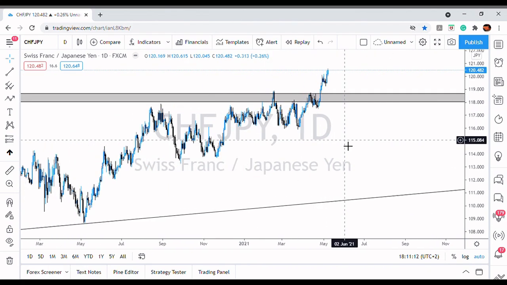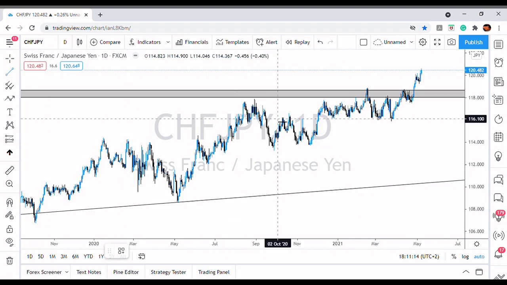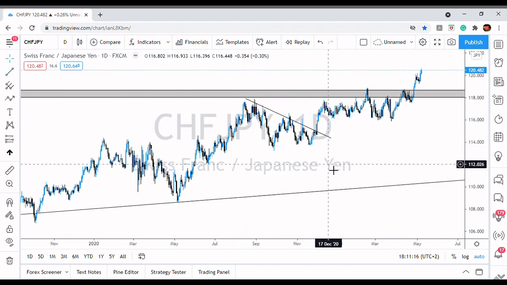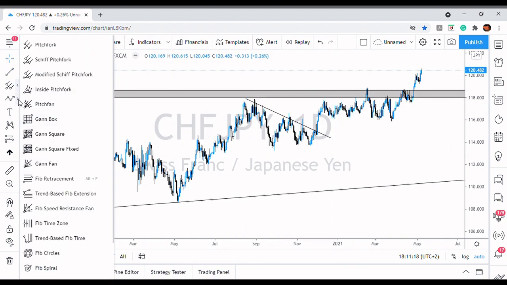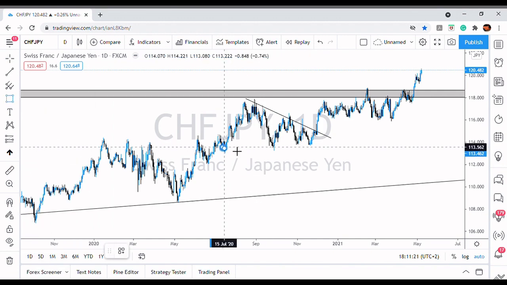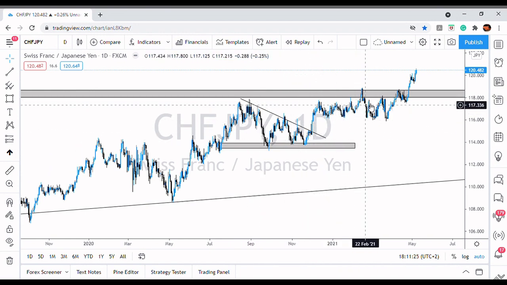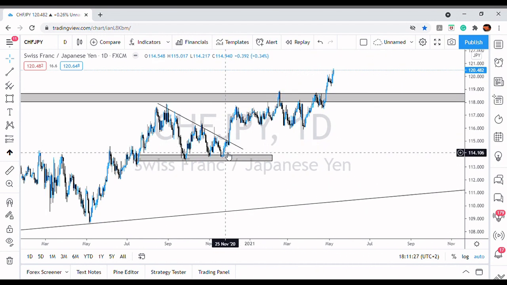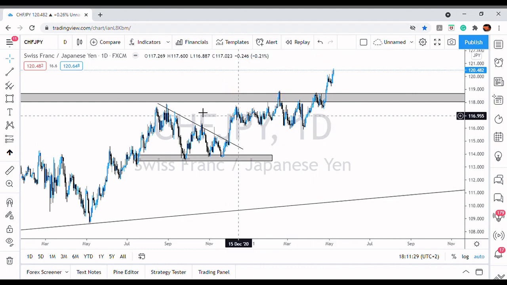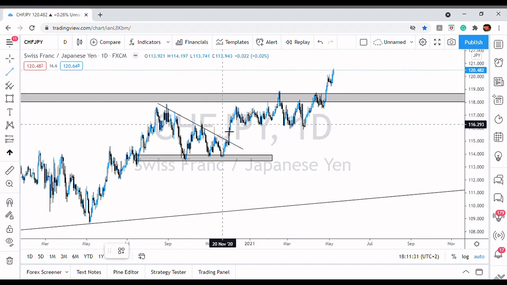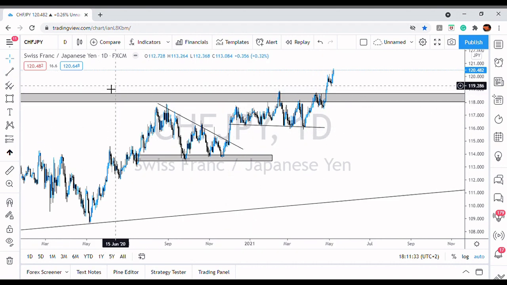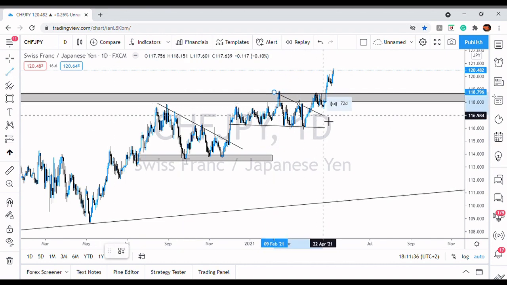We are still on daily, right? Let me draw what happened. We have this triangle broken, impulse, breakout, then we continue consolidation. There's an impulse from here to that impulse, and then we have another pattern here. So these patterns are very, very important. You must know them.